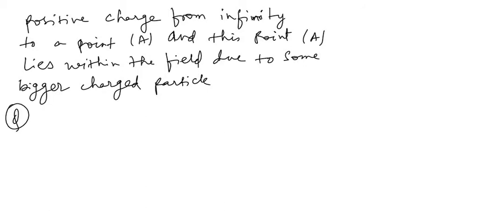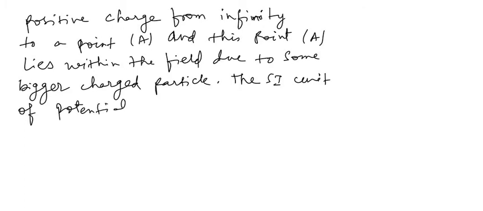We have got another question. We can add one more piece of information: the SI unit of potential is the volt, which is denoted by V, and its SI unit is also V. It should be very clear, there should be no confusion.